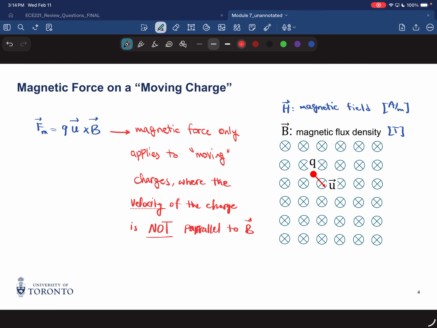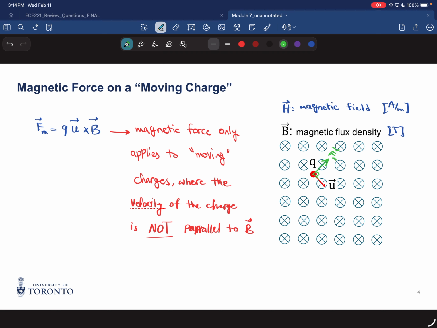Into the page. Okay, so U cross B is going to be in this direction. This is going to be Fm, and it's going to be perpendicular to vector U.